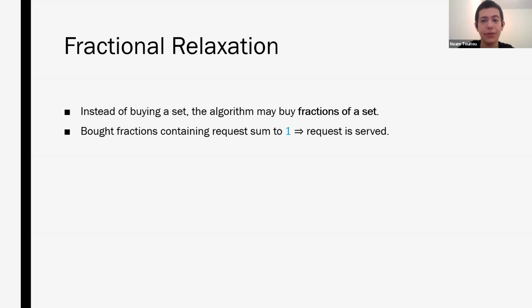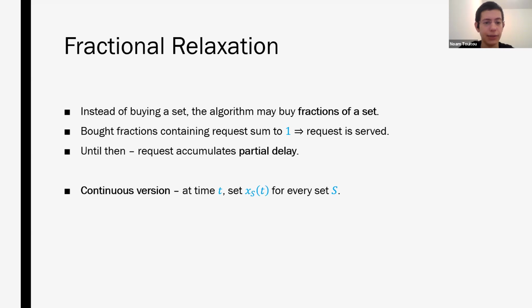We're going to see an example of this in a bit. Until the point in time in which the request is served, that request accumulates some partial delay. That is, somewhere between 0 and the value of its delay function at this point in time. So we'll see that in a bit as well.